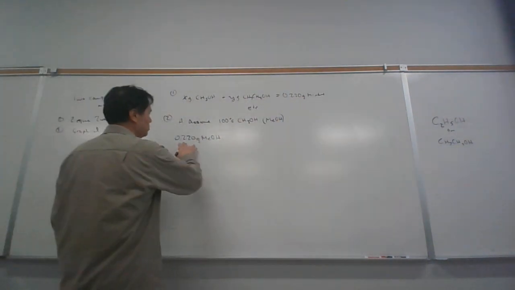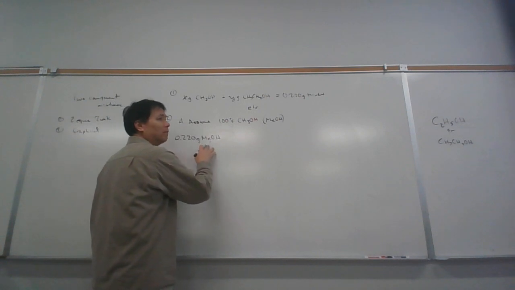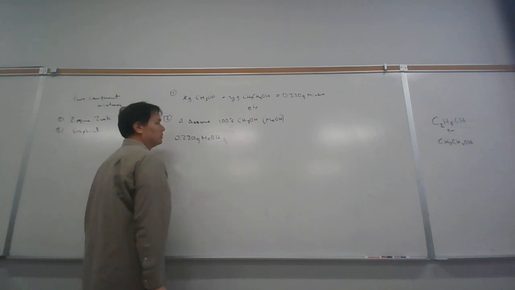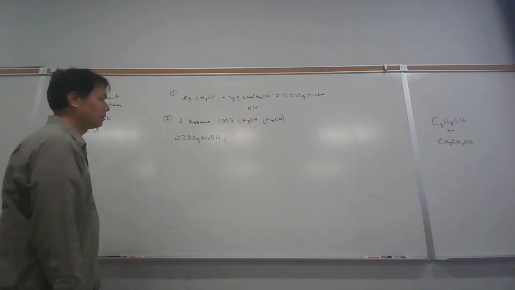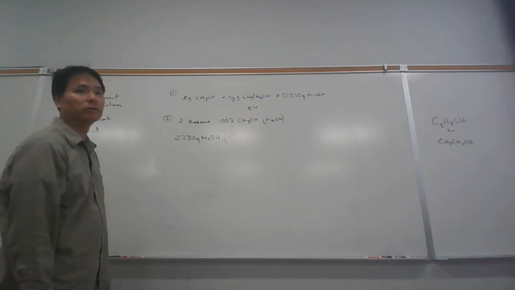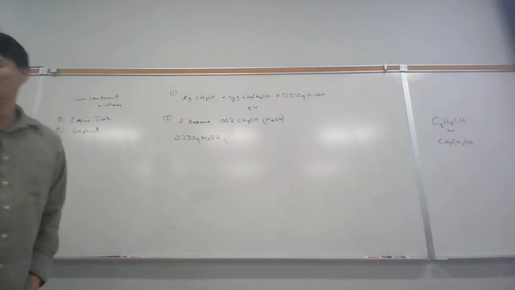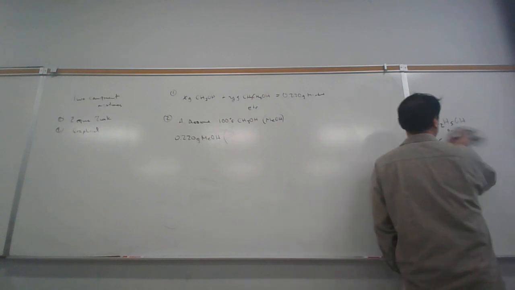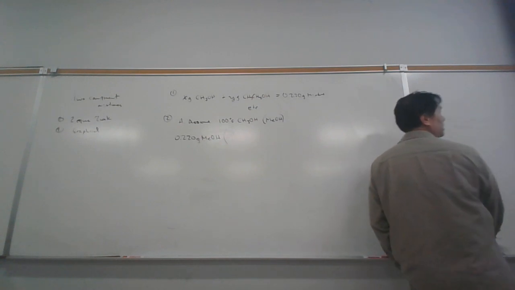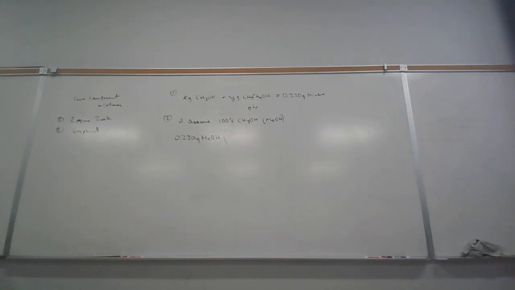So if we have 0.220 grams of methanol, then we need to convert that to what? Where would you go for stoichiometry? Well, the plan is this. It produces 0.3520 grams of CO2.